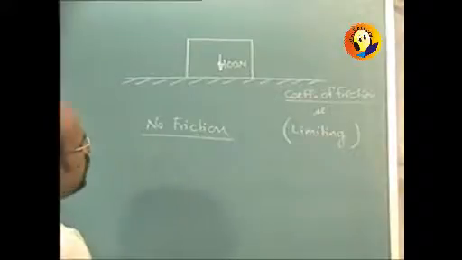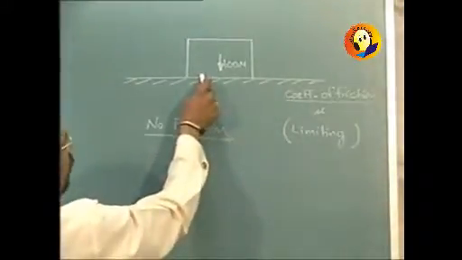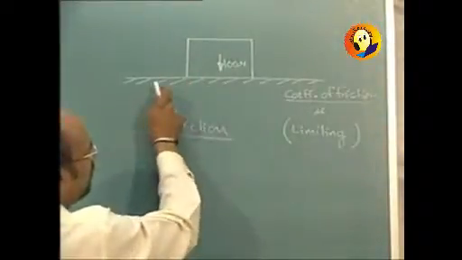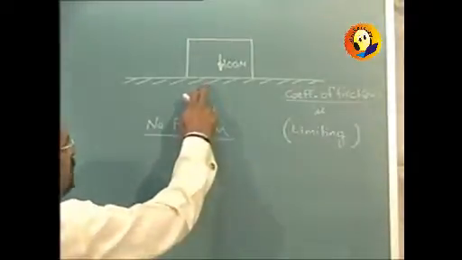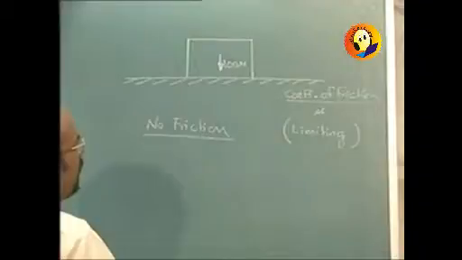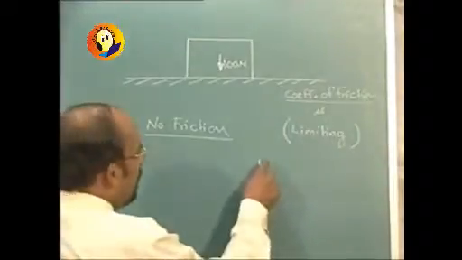That means there should be some agency which is trying to move this particular block along the surface either towards right or towards left. So there should be some motion between the surfaces relative to each other, and they will try to rub against each other, and there will be some resistance generated by the surface to this particular movement. And so the concept of friction is purely reactive.